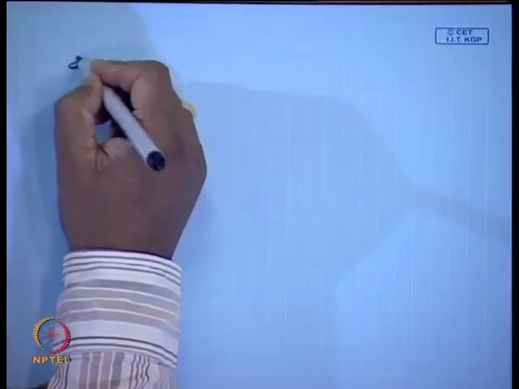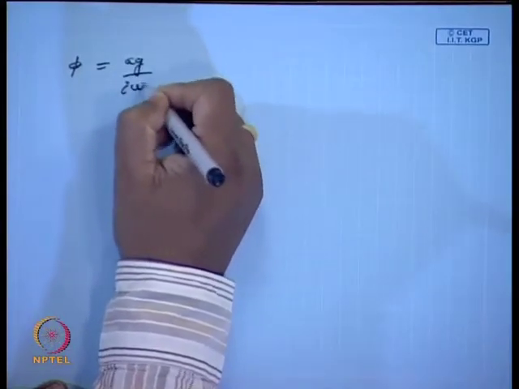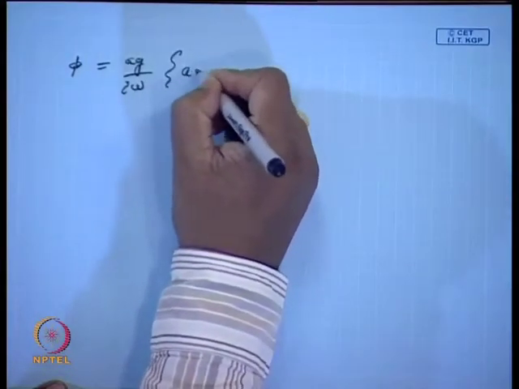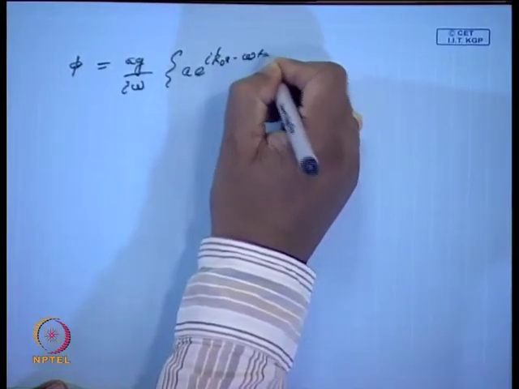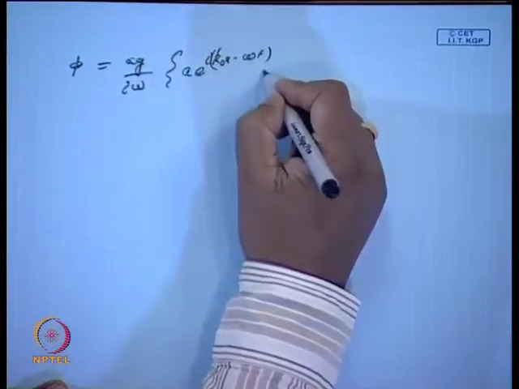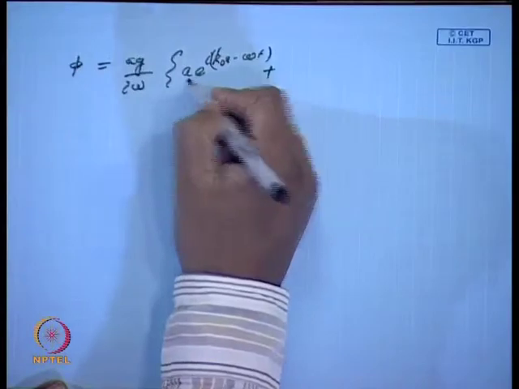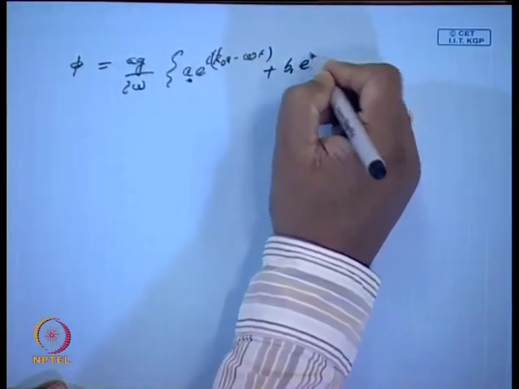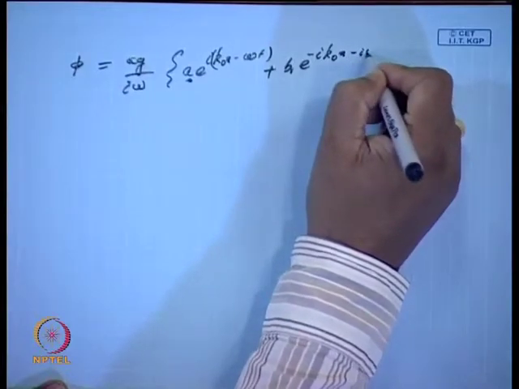Now, if I go back, I will write again the general form of the velocity potential, that means phi. Phi is g by i omega, you have A 0 e to the power i k naught x minus omega t, plus B 0 e to the power minus i k naught x minus i omega t.